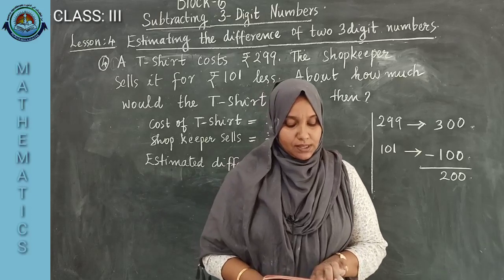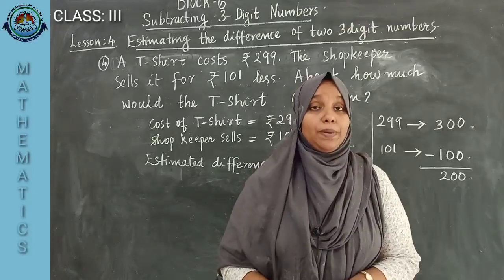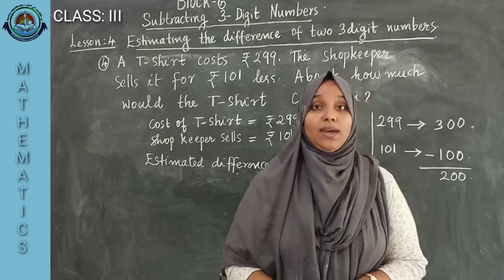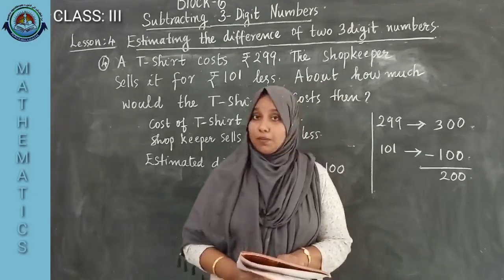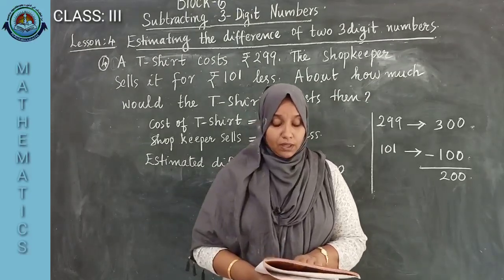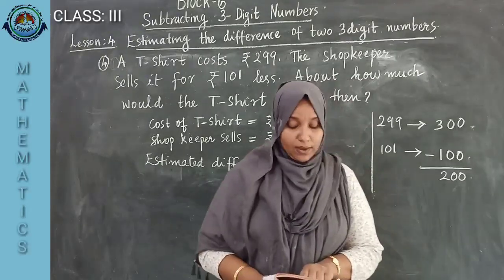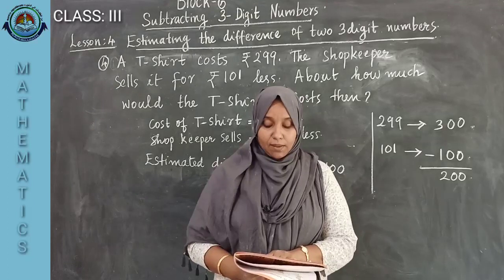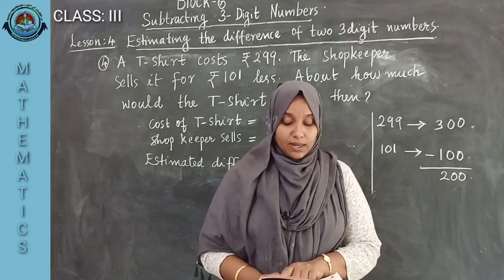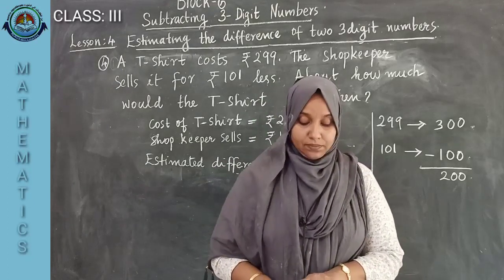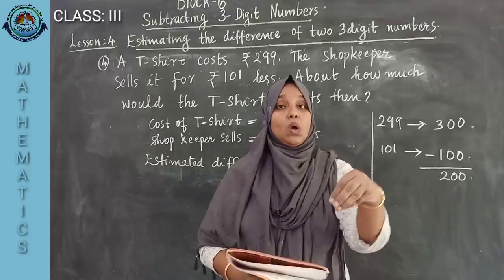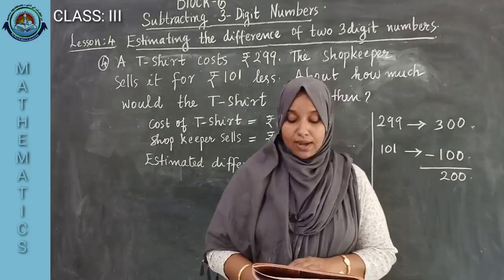A girl bought some apples from the shopkeeper and the apples cost rupees 405. She gave the shopkeeper 204.05, and he gave her back 196 as the balance.